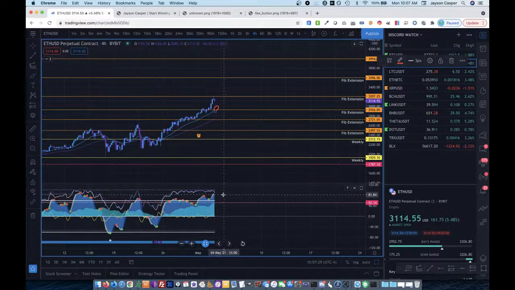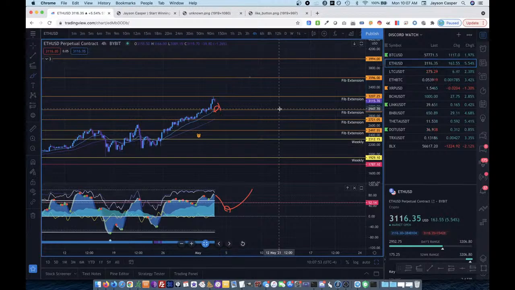Oh man, we're flirting with this red dot printing on the 4-hour right now. If we can print a red dot and come down a little bit like this and get a nice tight trigger wave, and we come down and test this area where there's so much confluence, it's a fib extension, it's a high volume node, it's the 21 EMA on the 4-hour, then I think we're going to come up and hit this target here at about 3,600, which is another fib extension.